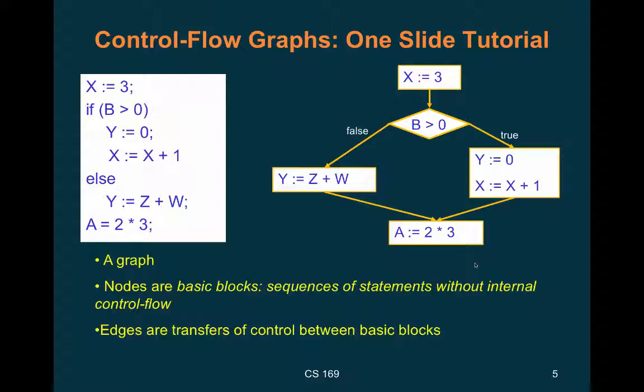Okay. So essentially, the control flow graph is this data structure that the code coverage tool uses and the compiler uses. And it's a graph, as the name says, and there are nodes and edges. The nodes are the basic blocks, sequences of statements without internal control flow, without internal conditionals. And the edges are directed edges, and they tell you how the control flows from one node to the other.